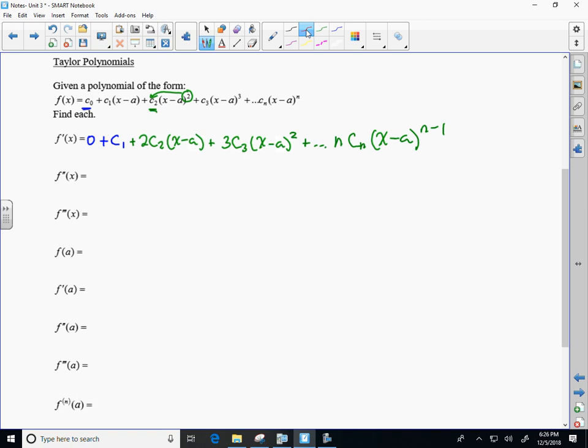So I'm going to take the derivative again. This time the c sub 1 is going to go to 0, and so we'd be looking at 2 c sub 2, plus 6 times c sub 3 times x minus a. Then we would continue the journey, doing the next one in the sequence if we had it.